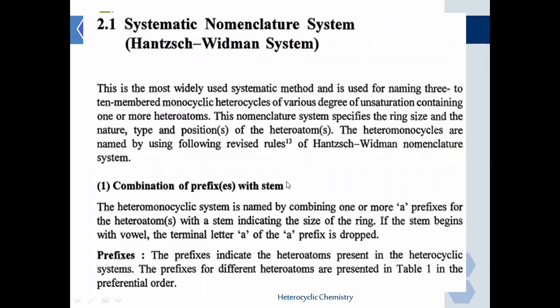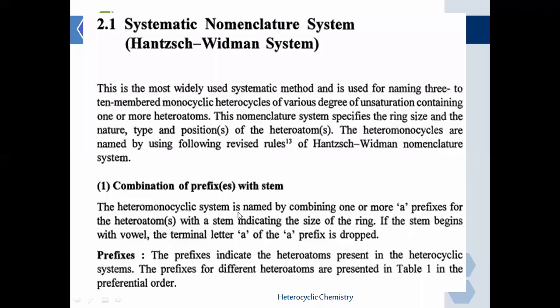The prefix gives the information about whether the compound has substitution, saturation or unsaturation, whether the number of substitutions is more, and the position of the substitution. The stem tells which parent compound is actually present, that is, the parent ring of that compound.